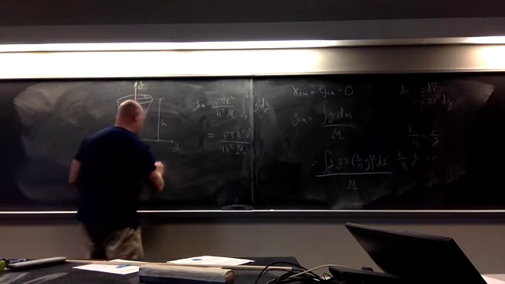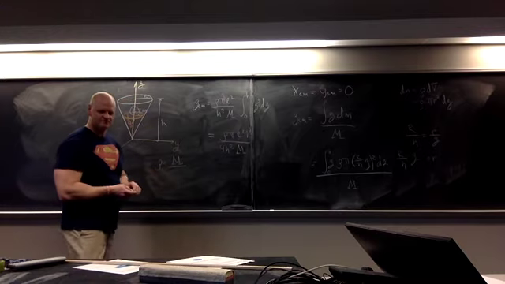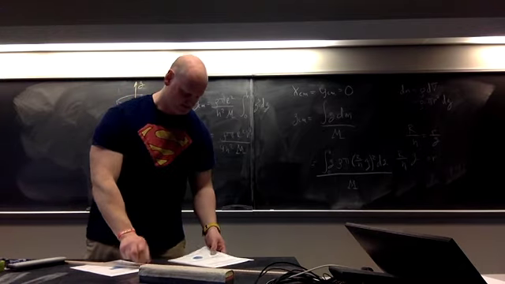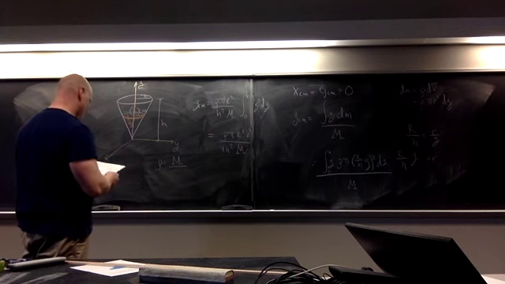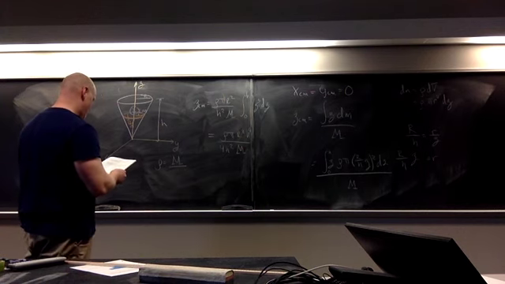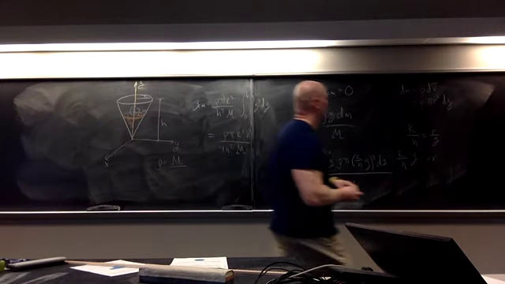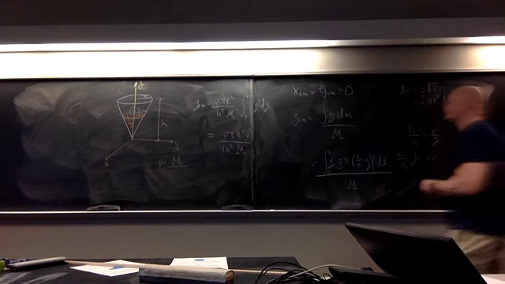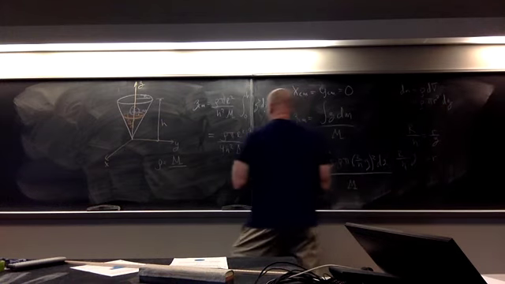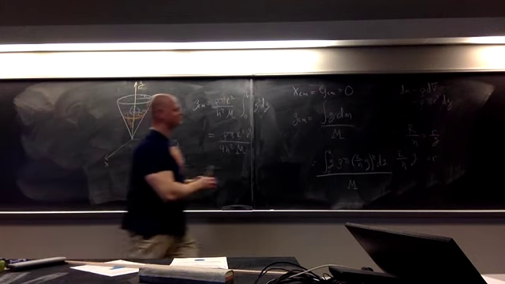Now, we know rho is equal to the total mass m divided by the total volume. So what's the total volume in this case? The total volume is just going to be the integral over this. I'll write it over here.